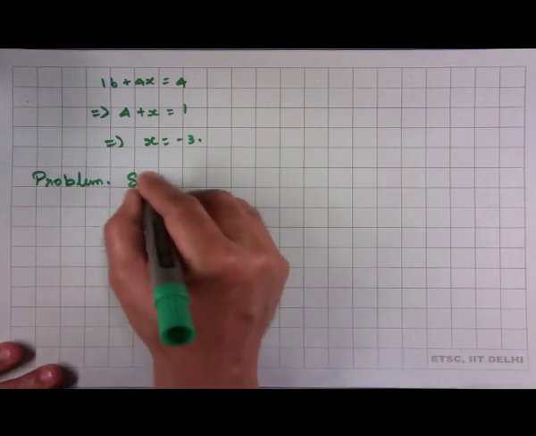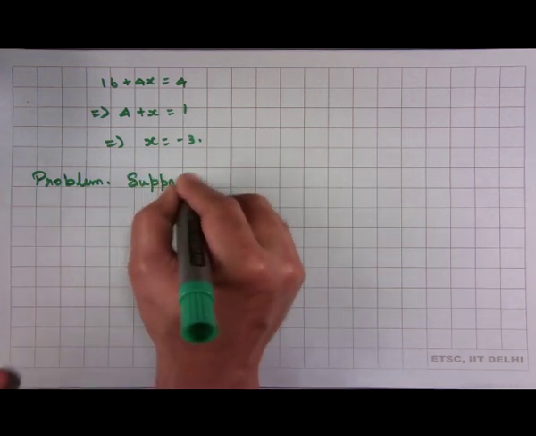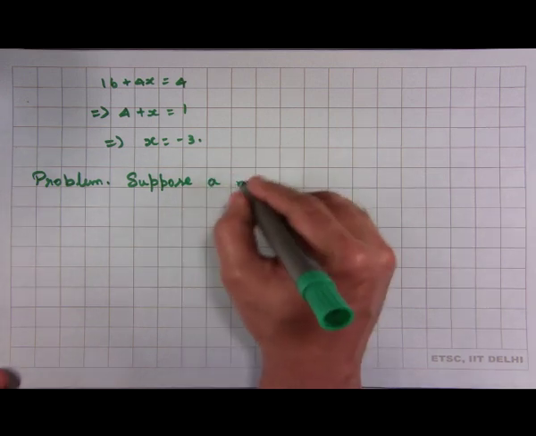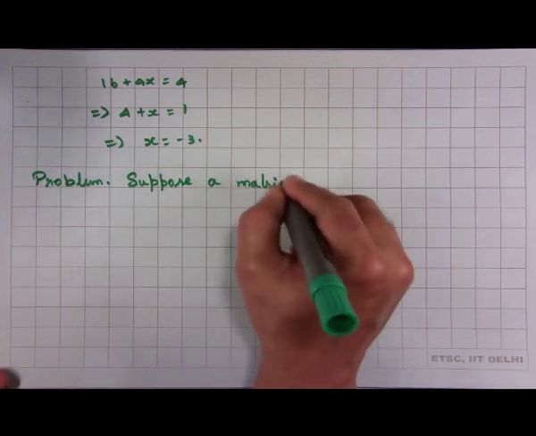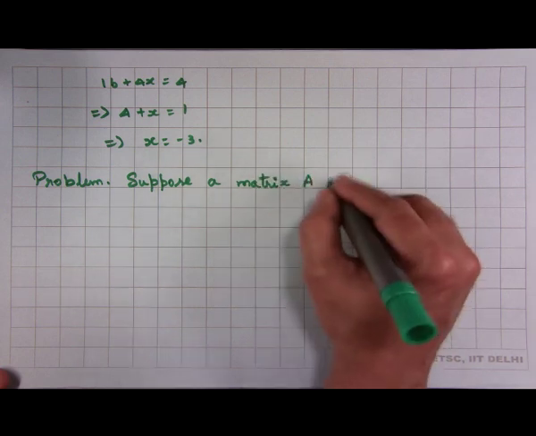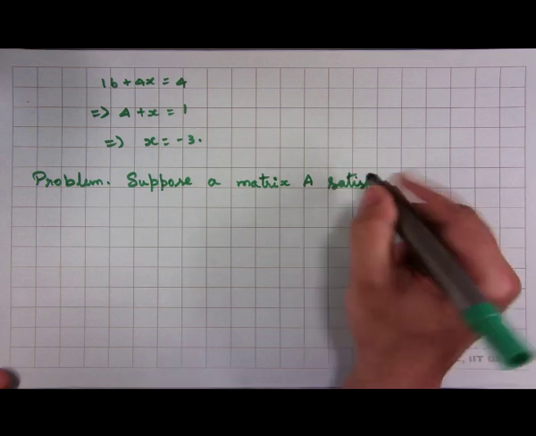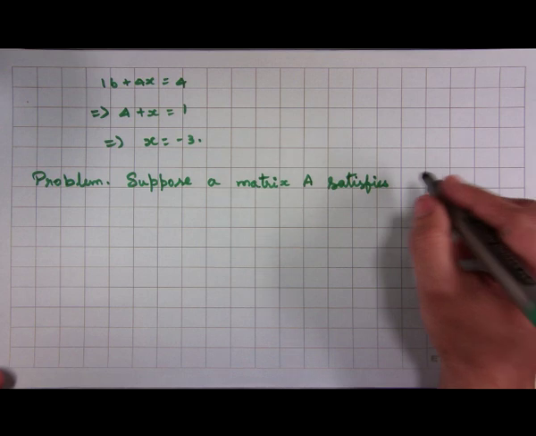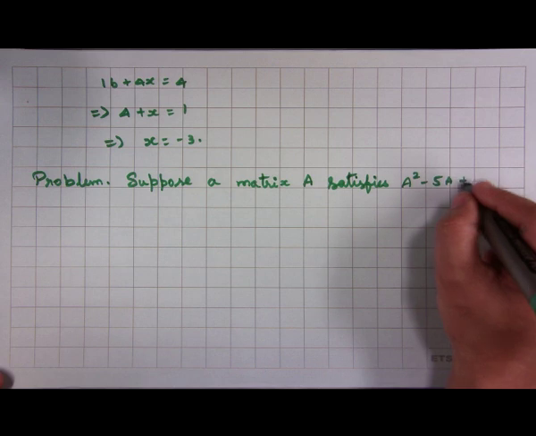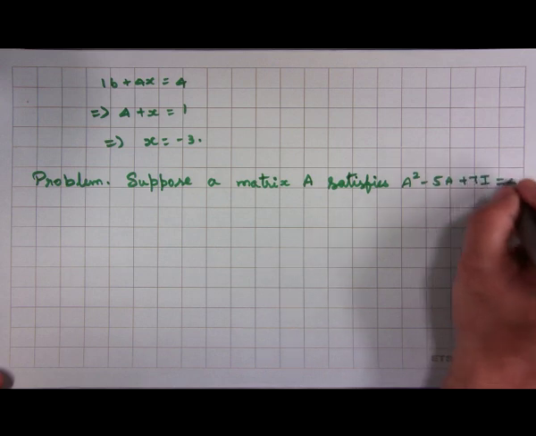Suppose a matrix A satisfies A squared minus 5A plus 7I equals 0.